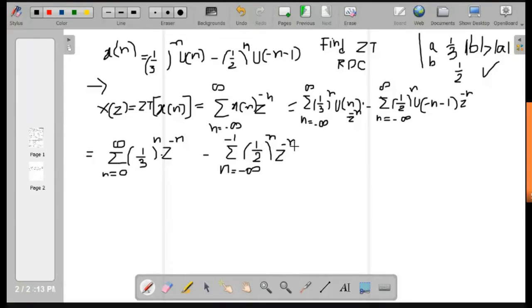Okay, because today we have done the same thing, so we'll just have a recap. Summation, this whole thing is equal to n equal to 0 to infinity, (1/3) z inverse raised to n. This is my a.